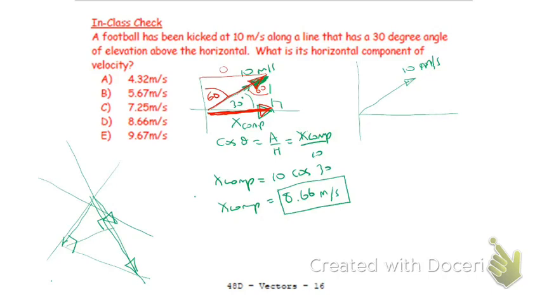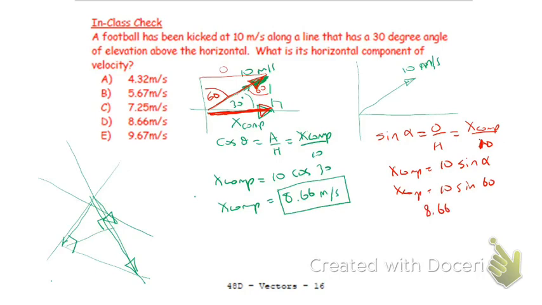So in that case, sine alpha is equal to opposite over hypotenuse, which equals x comp over a, or 10. So x comp is equal to 10 sine alpha. X comp is equal to 10 sine 60, which equals 8.66. Yeah? 10 sine 60. So it's the same answer as long as I have it the right way around.